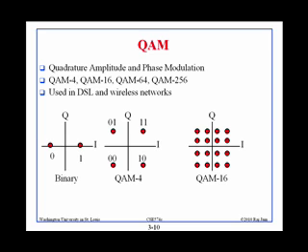Right? Am I right so far? 2 raised to 6 is 64. So we are putting 6 bits at a time. In each dot, we are putting 6 bits. All right? And 256 is 8 bits, and so on.